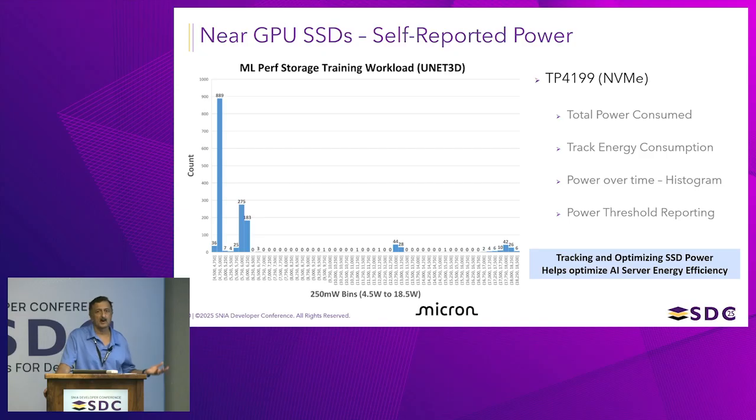So you can get total power consumed, total energy consumed, a power threshold can be reported, as well as a power histogram over time. And this plot is effectively showing, in that range of 4.5 to 18.5 watts, the different durations at which the drive operated during a power window.